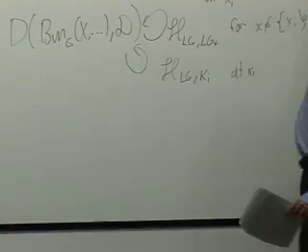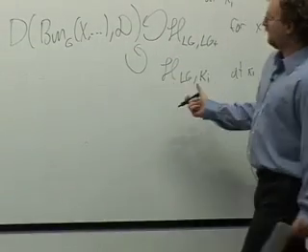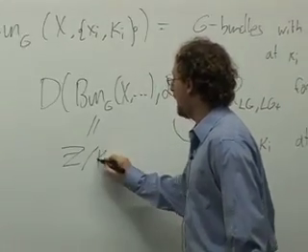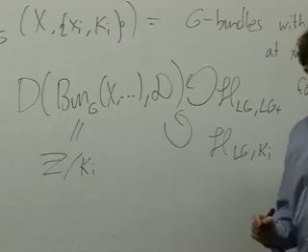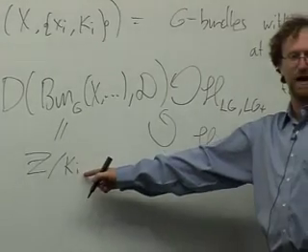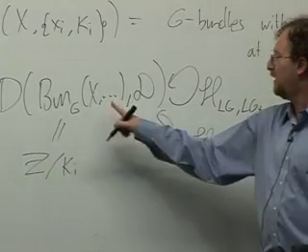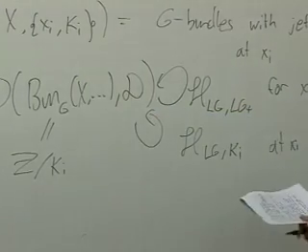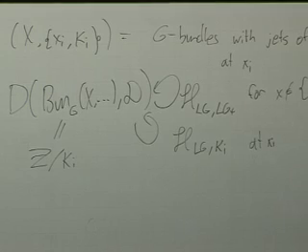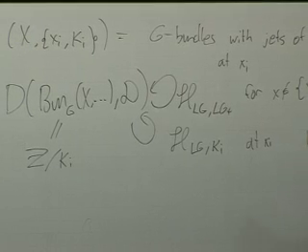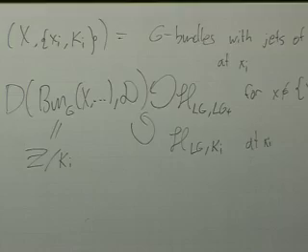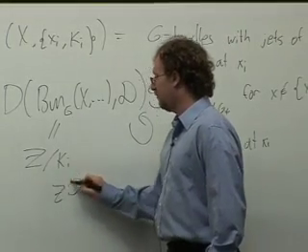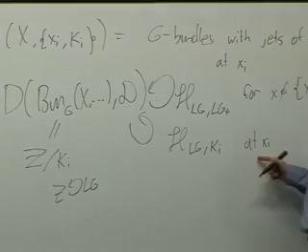Why does it do this? Because this space is something of the form Z mod Ki, where Z is something on which the loop group acts. If you look at the moduli space of bundles with the same decoration, except at the point xi, take full formal trivialization rather than just a little germ of it. So it's a space of the form Z mod Ki where Z is something with a loop group action. Therefore, it carries an action of these Hecke algebras.